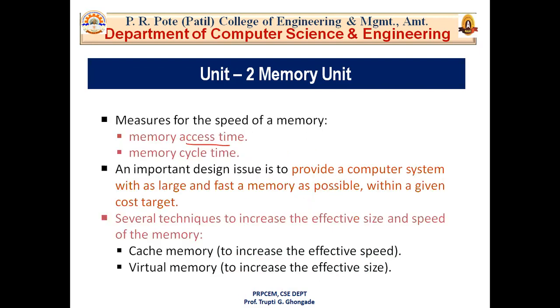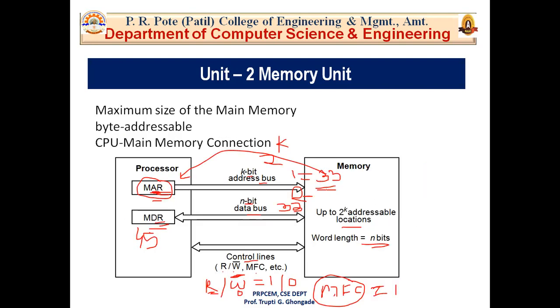Then another term is memory cycle time. Memory cycle time is the minimum time delay required between the initiation of two successive memory operations, for example two successive read operations. Let's see. First, the processor reads data 33, then from memory location 2 the processor reads data 45.